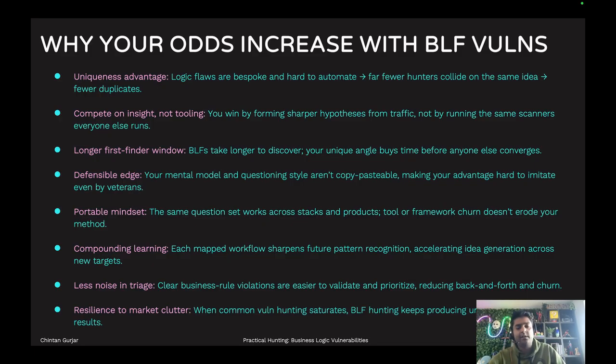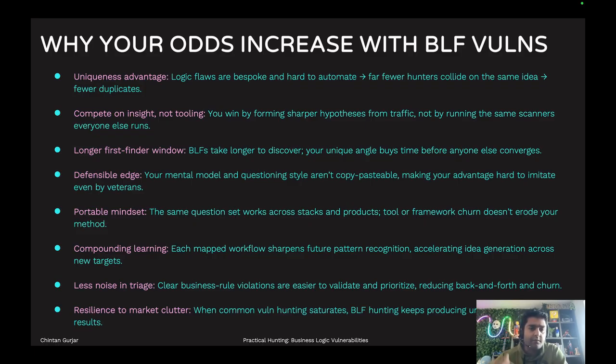Hardly will you run Nuclei and find a unique vulnerability which will be accepted by the program and has not been submitted by anyone else. But business logic flaw hunting keeps producing unique and high impact results because every application is different, every request is different, your creativity, your hypotheses and your method are different compared to other people.